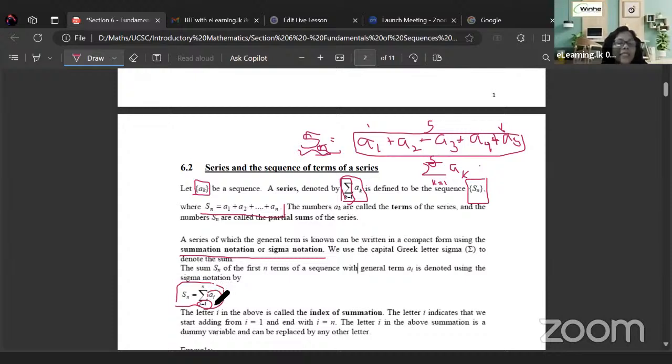So this is the term, or the general term we are writing. You can write down the general term, the term that we represent. Here we have used i. You can write i as i equal 1 to n.